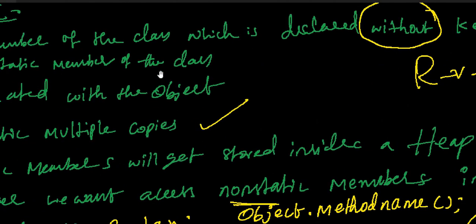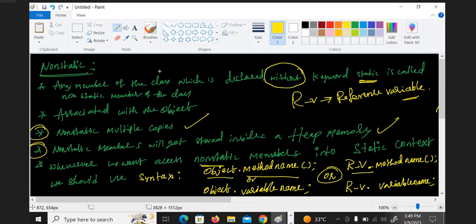Now next, non-static has multiple copies and all non-static members get stored inside the heap memory.